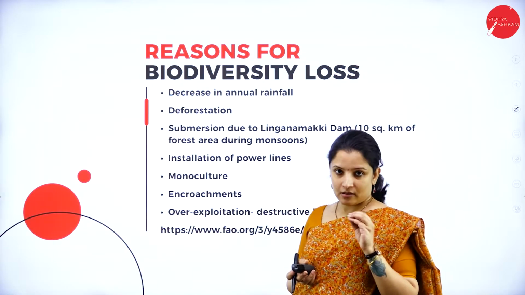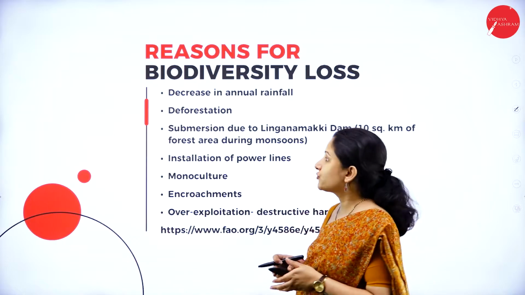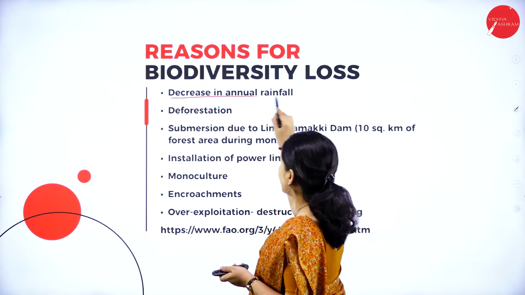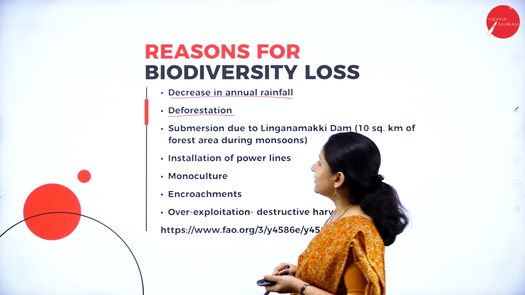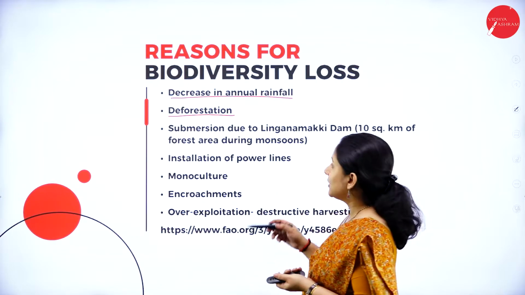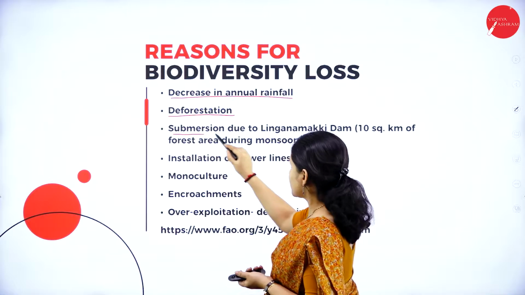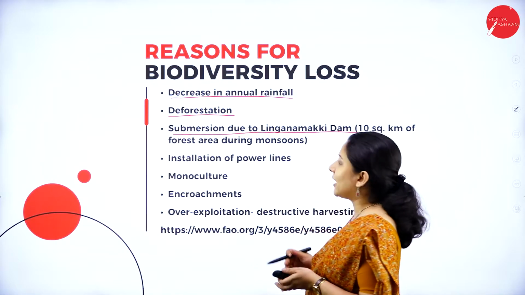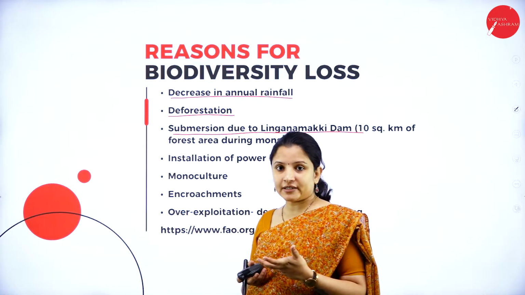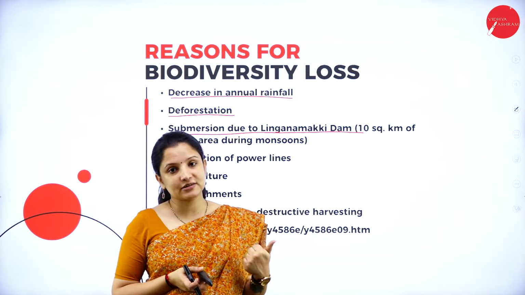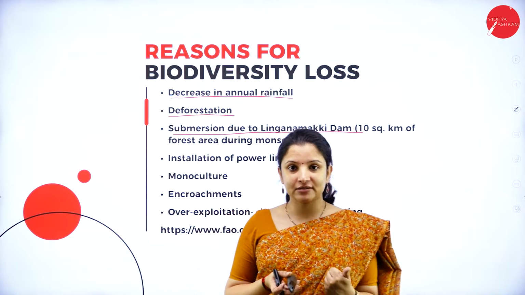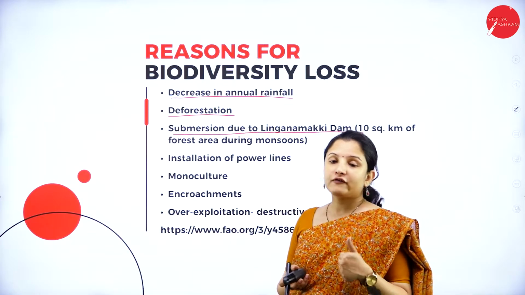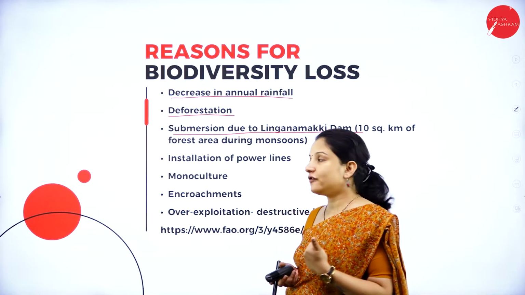And this habitat destruction eventually led to a decrease in annual rainfall, then it led to deforestation, and it also led to submersion. Submersion occurred due to the Linganamakki Dam. So a lot of problems arose because of the cultivation of these medicinal plants. One thing was deforestation, that is cutting of trees.